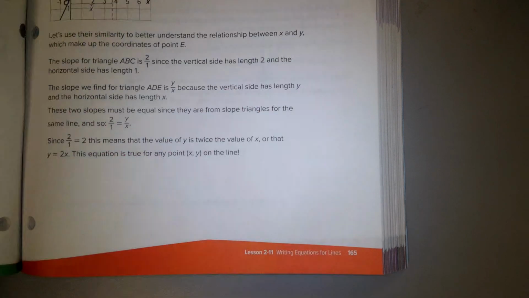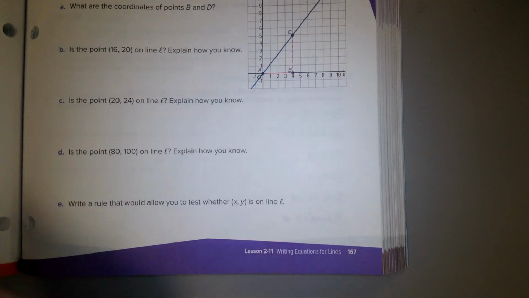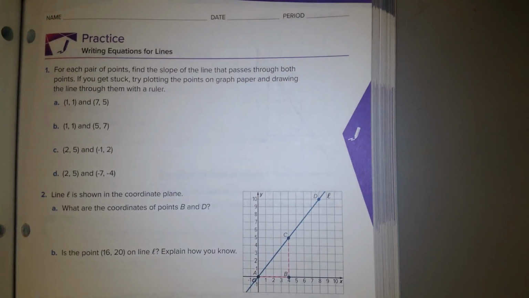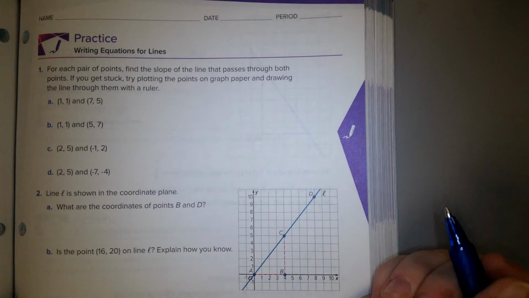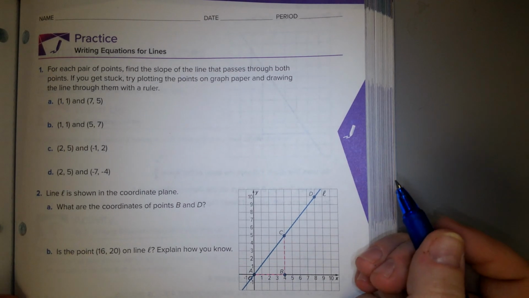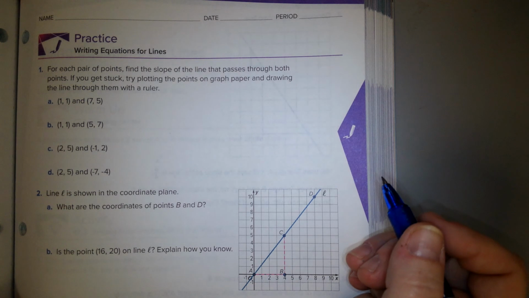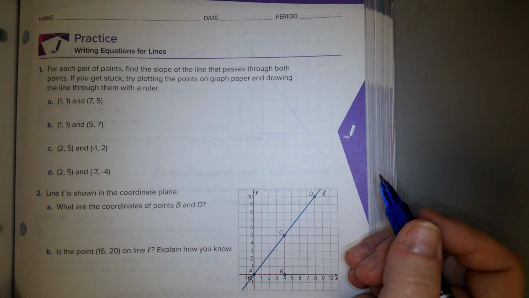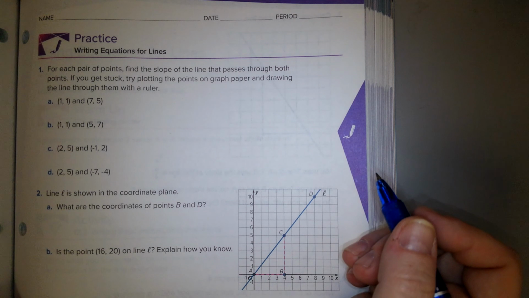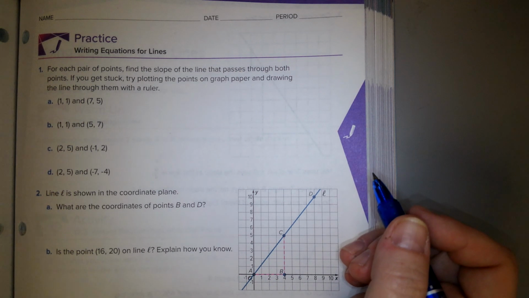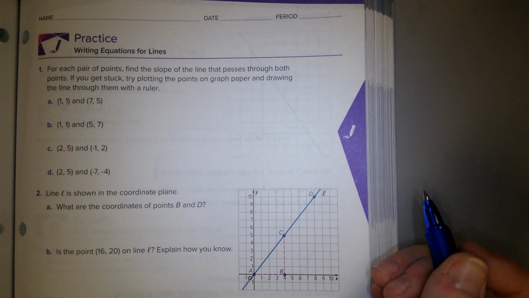We're going to skip a page way over here. For this one, for each pair, find the slope of the line that passes through the points. If you get stuck, try plotting the points on graph paper or drawing the line through the points with the ruler. So you can do that.